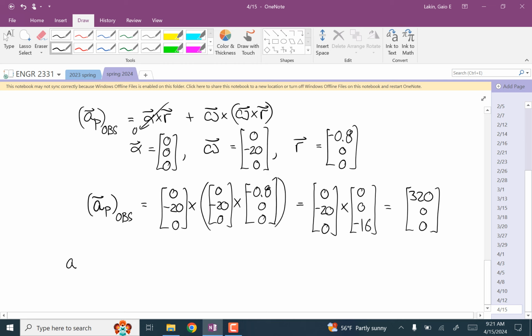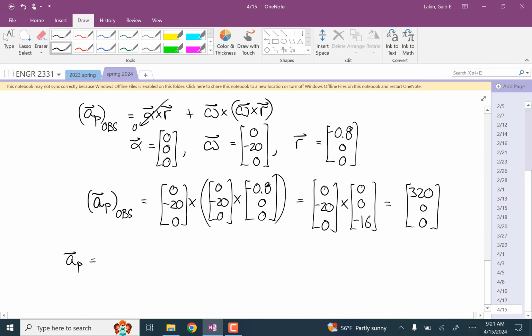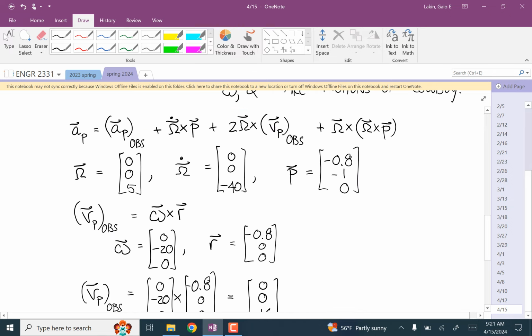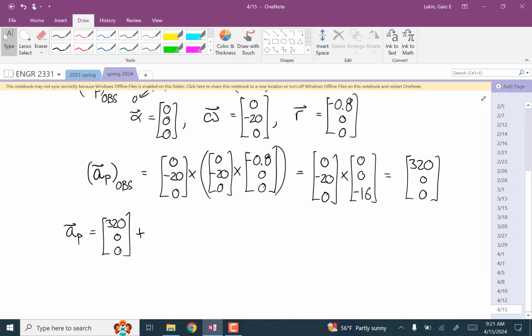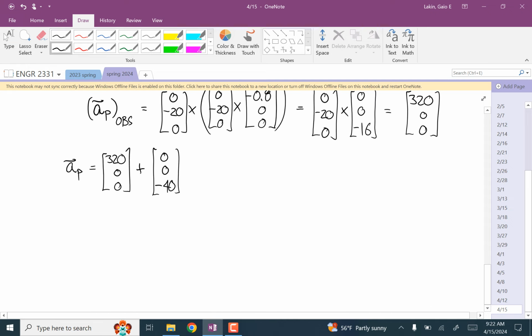Now we have all the pieces and we're just plugging it into that big equation. So the acceleration of p is equal to 320, 0, 0 plus capital Omega dot crossed with the position vector. So 0, 0, negative 40 crossed with negative 0.8, negative 1, 0.